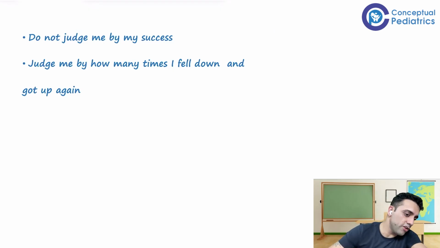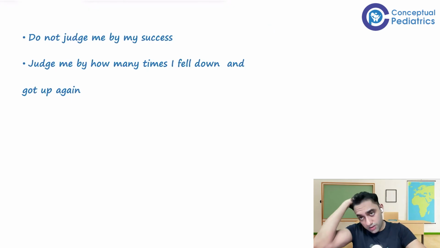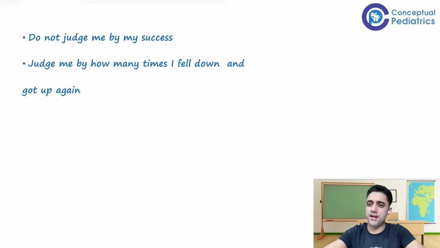Before starting any segment, we always have a quote, and the quote for today is: "Don't judge me by my success. Judge me by how many times I fell down and got up again." So, very importantly, we should not judge anyone on any behalf. Life is really beautiful. Life is so amazing. I can't even tell you in words.